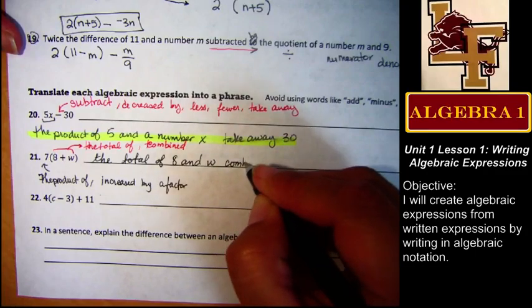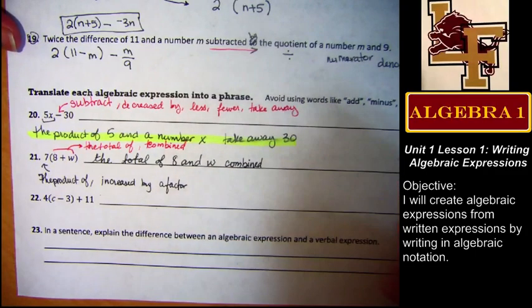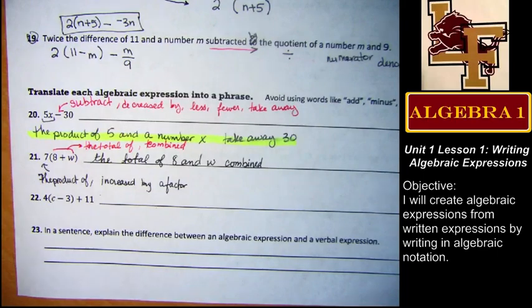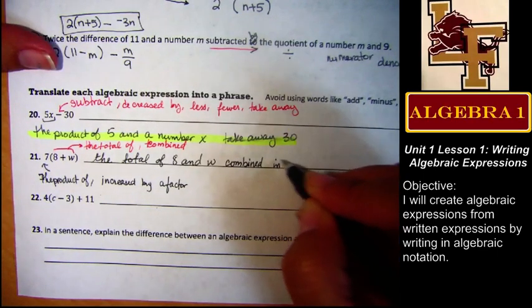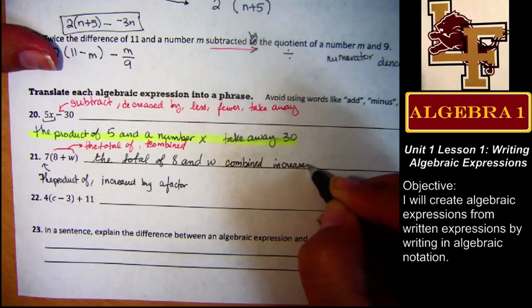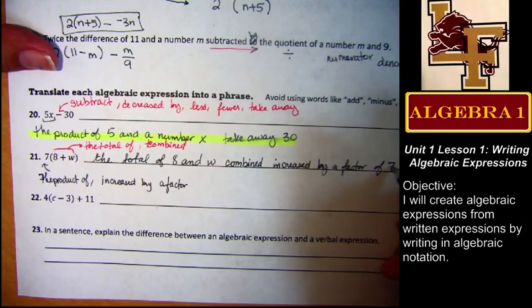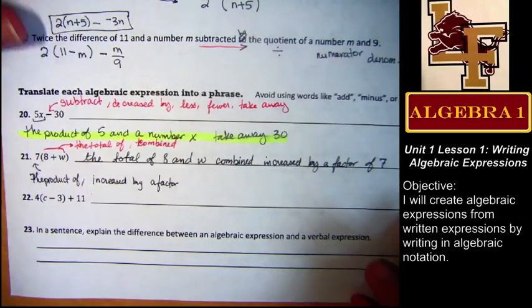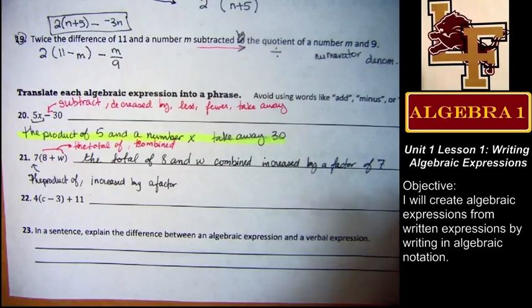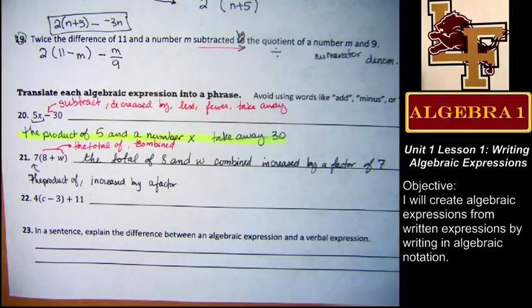We'll put it here, combined. Like, we're adding, making sure it's clear we're adding. The total of 8 and W combined, increased by a factor of 7.